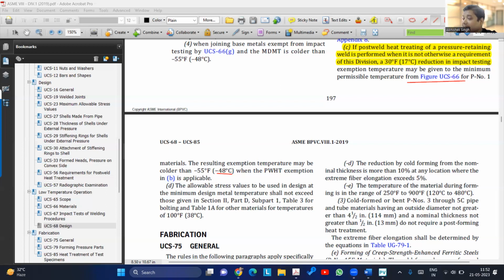So that means it's a type 2 joint. RT2 for one case and UW11A5B for the second case. What is the first case and second case?